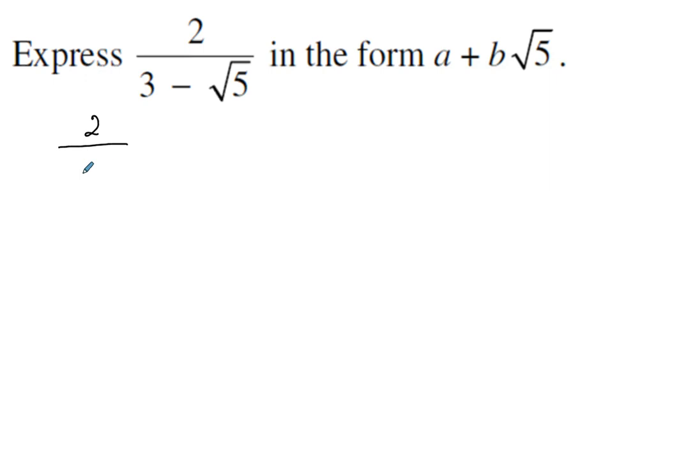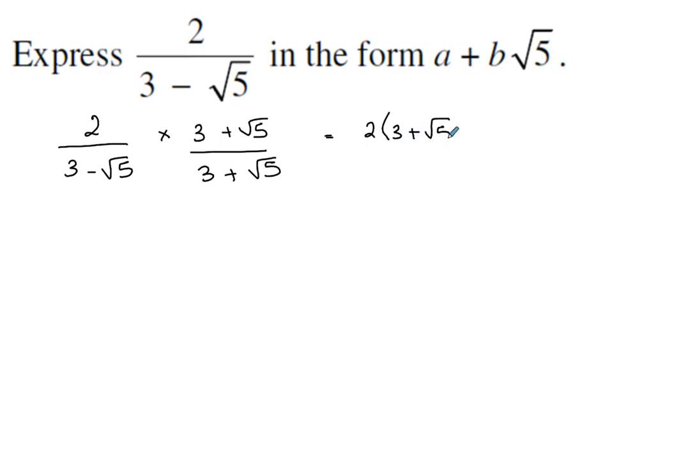So we've got 2 over 3 minus surd 5. Now we have to multiply top and bottom by 3 plus surd 5. Remember the whole thing has to be multiplied by 2, so put it in brackets.